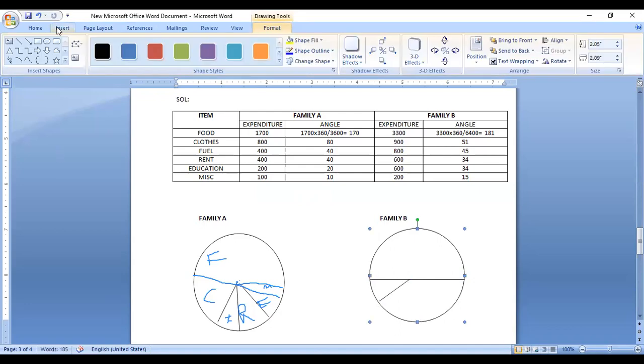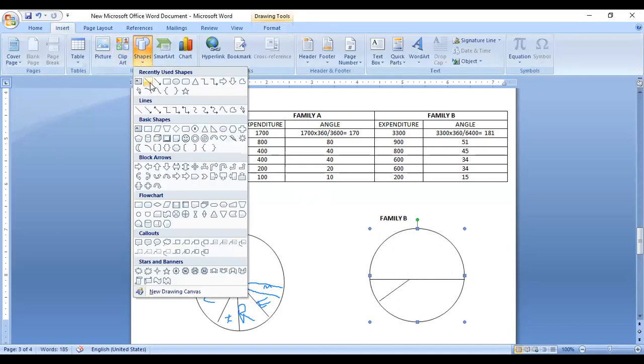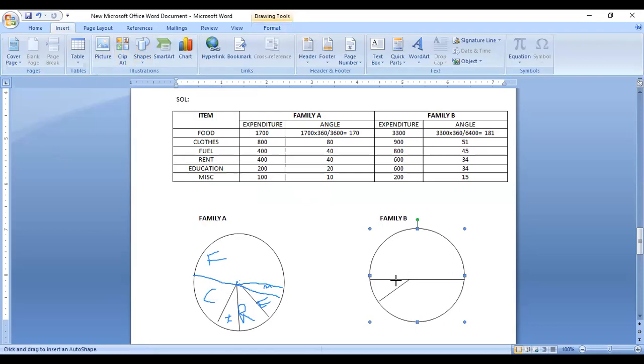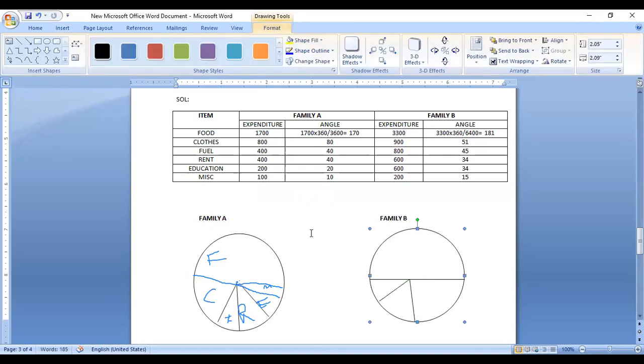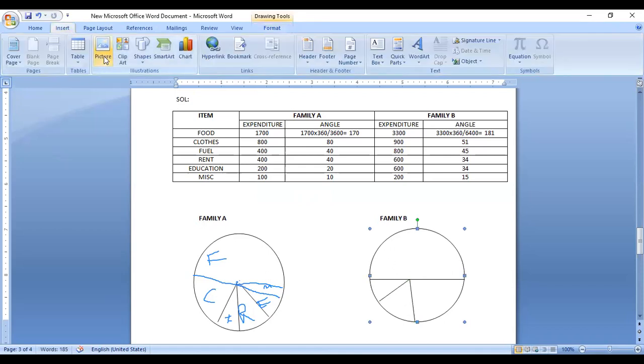Clothing, then fuel, after fuel, rent is there.